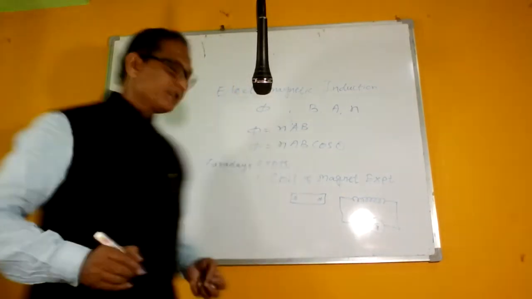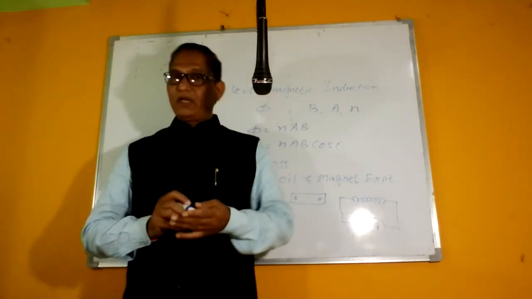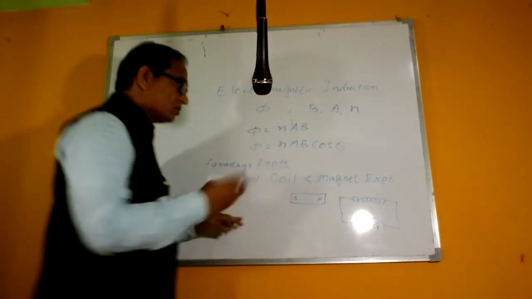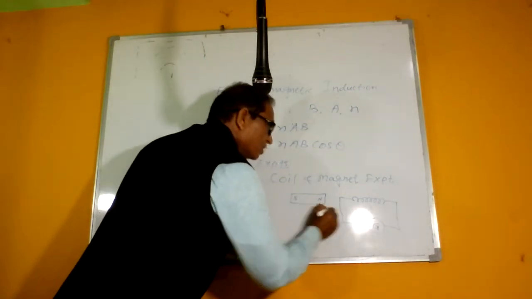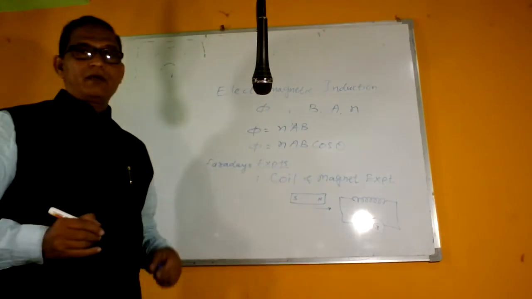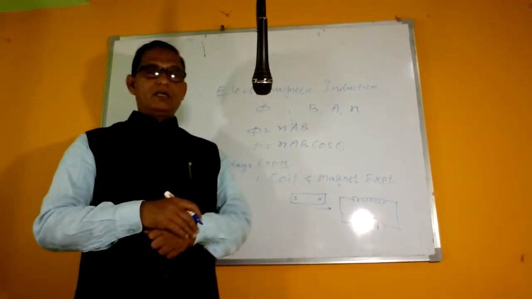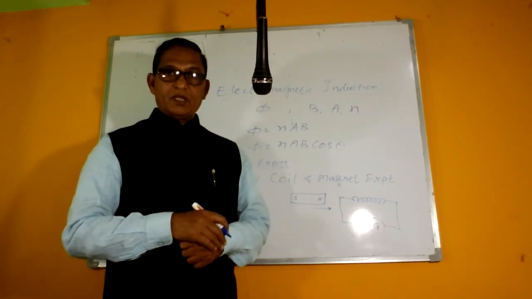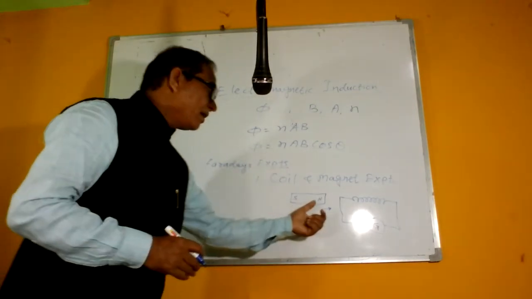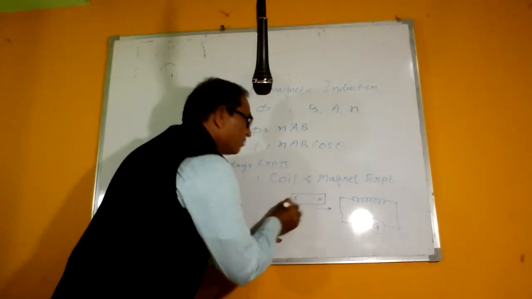This experiment consists of a coil whose two terminals are connected to a sensitive galvanometer, and a bar magnet placed near the coil. As the magnet is moved towards the coil, we find a deflection in the galvanometer; that is, current is set up in the circuit.